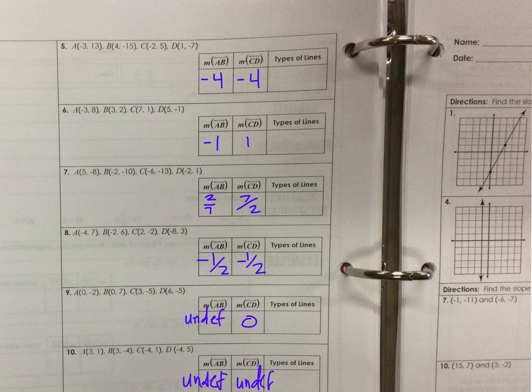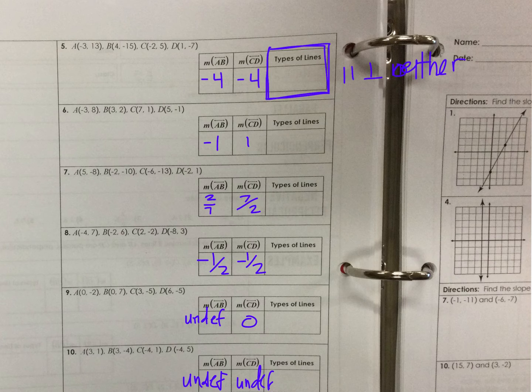All right, I am super kind and I've already done some of these for you. I want you to fill in this one yourself with parallel, perpendicular, or neither. Let's talk about negative 1 and 1.